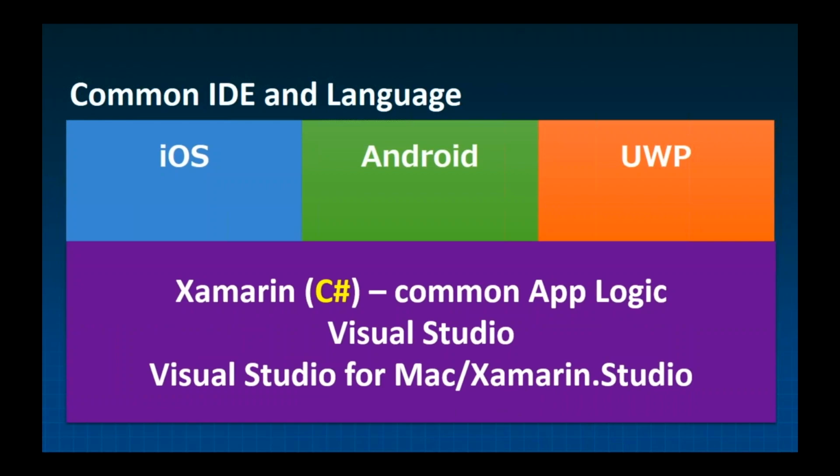If you are using Xamarin, you can use C# or .NET framework libraries, and you can choose one of these IDEs to develop for each platform. So you don't have to have three IDEs on your machine. You just need to use one.